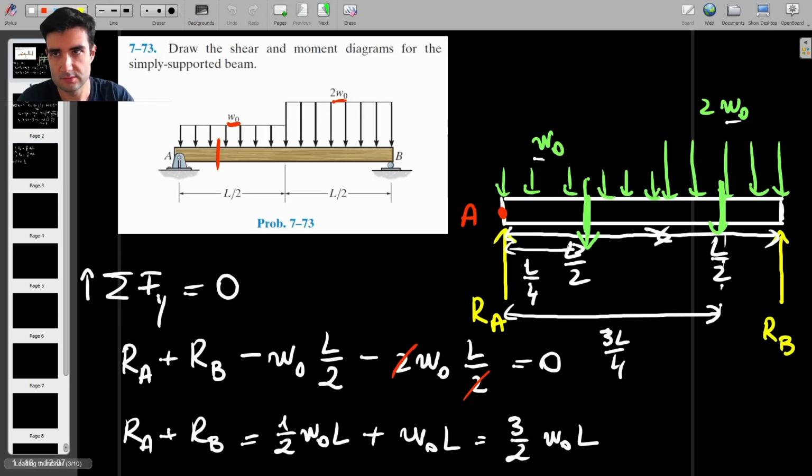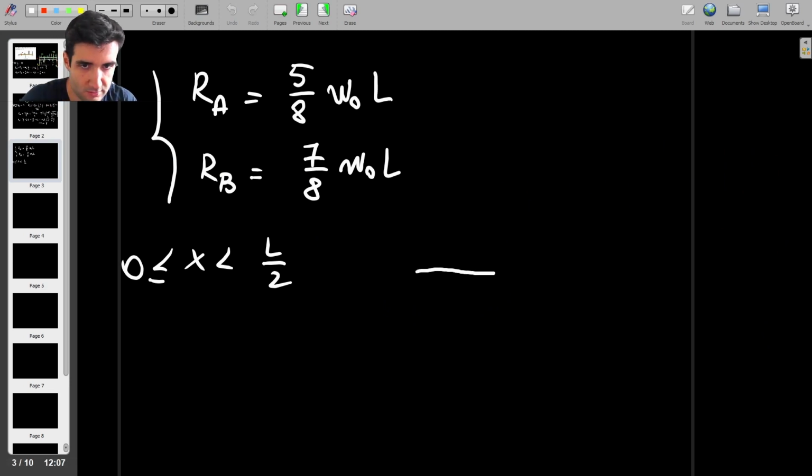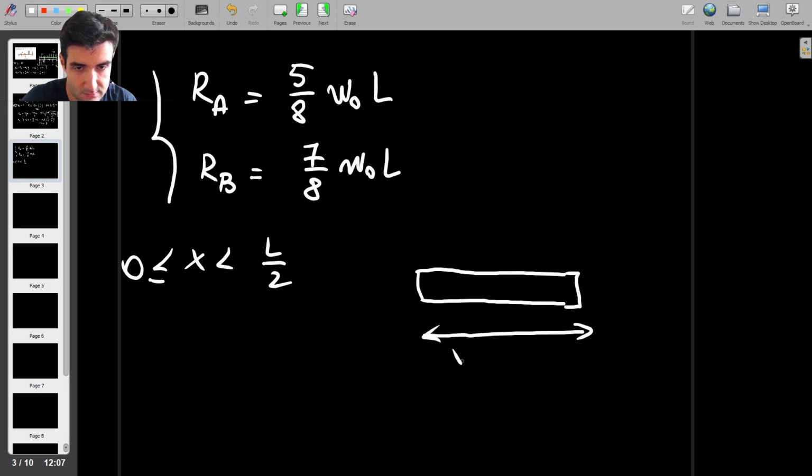Again, I'm going to take a section like this, and draw the free body diagram only of that section, right? So this has a length of x, and then I have RA here.